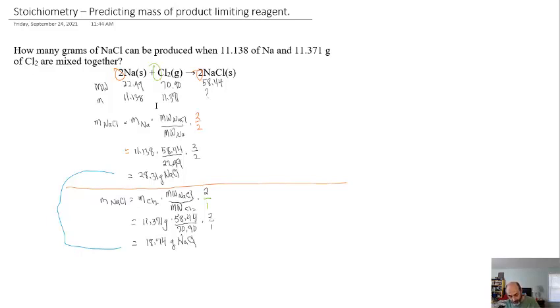This is the maximum amount of yield we can have, because when we consume all of the Cl2, we've only made 18.74 grams of sodium chloride and no more. So this is what we would refer to as our theoretical yield, and Cl2 is our limiting reagent.